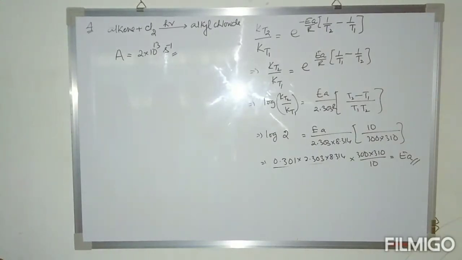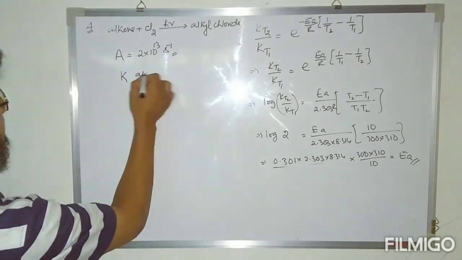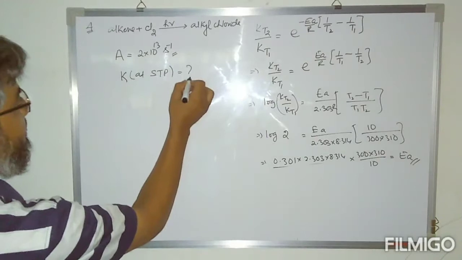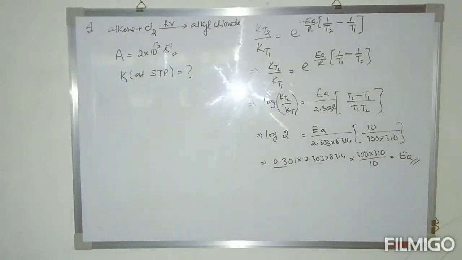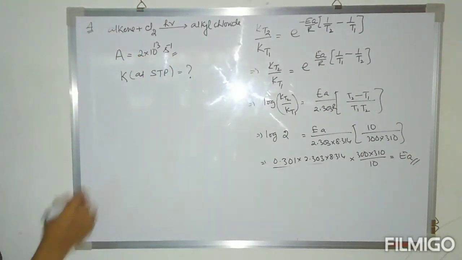The question says, what is the value of rate constant K at STP condition? You have to find the value of rate constant K. Now, one thing that we have to keep in mind is, what is free radical reaction?